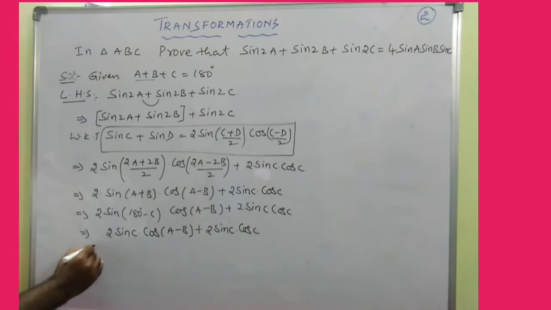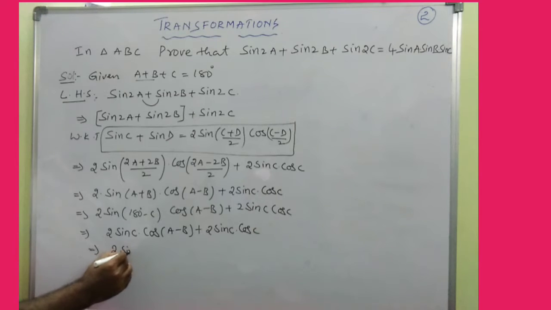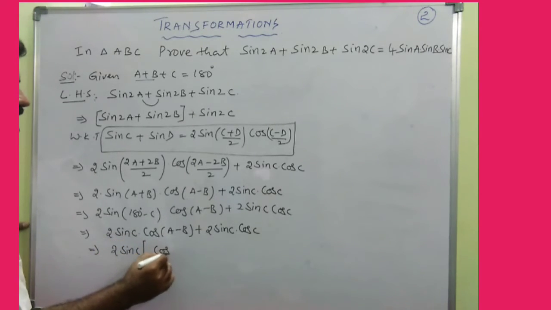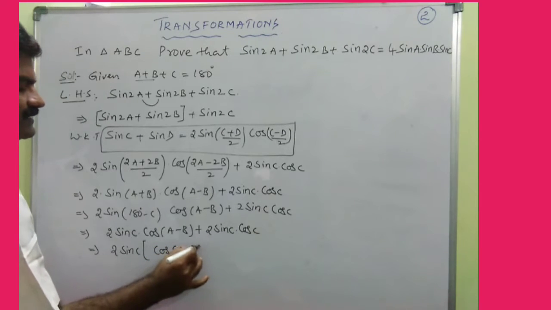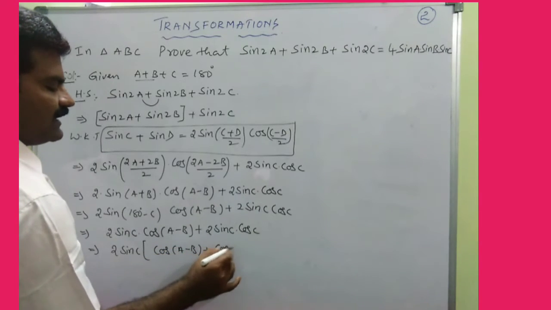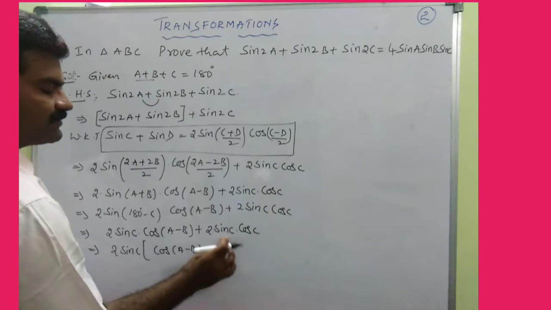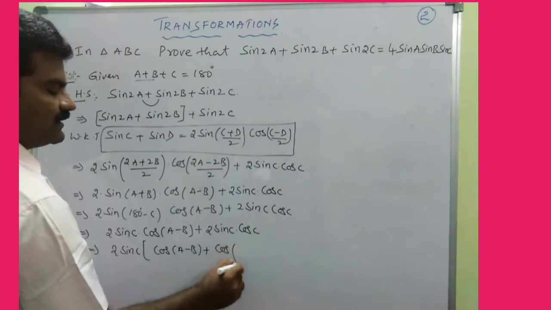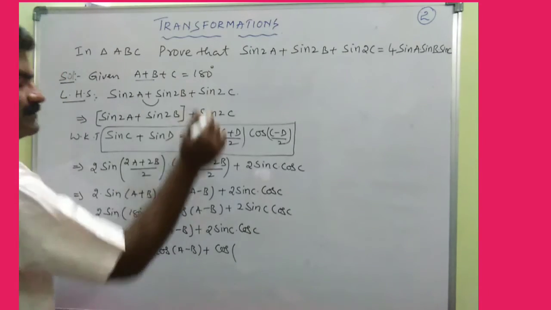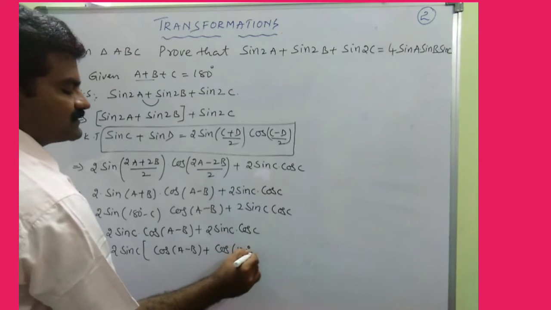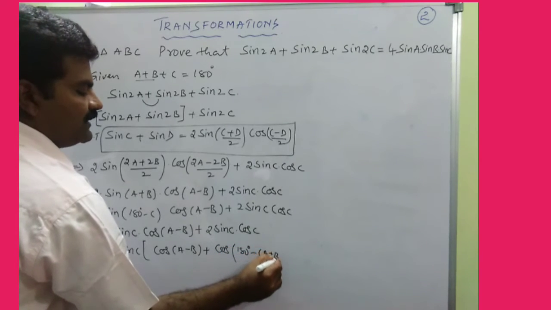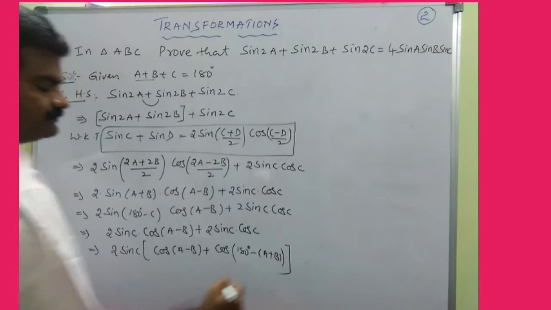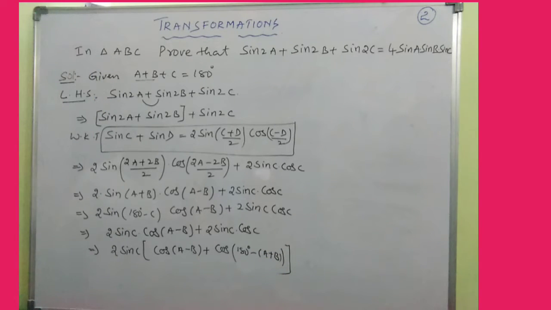Especially here, 2 sin C is common. If you take 2 sin C common, then this is cos of A minus B plus, actually we have cos C here. After taking common, we have cos C. But once again, C I can write as 180 minus of A plus B. Do you understand?